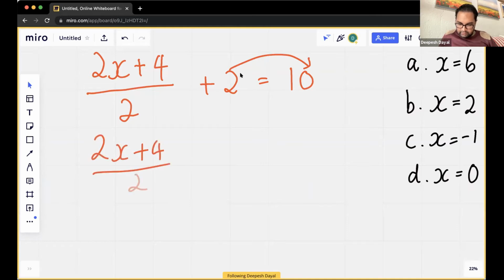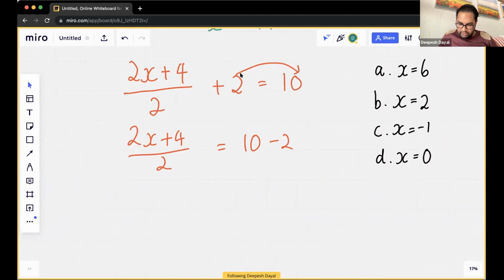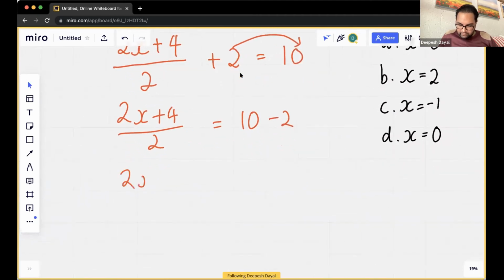Okay, so I've got this 2x plus 4 over 2 equals this. Then we've got 10 minus 2, which is 8. Yes, sir. So I've got 2x plus 4 over 2 equals 8. What do I do next? Then you have to do the process all over again. Then you have to subtract it since it's a plus sign.